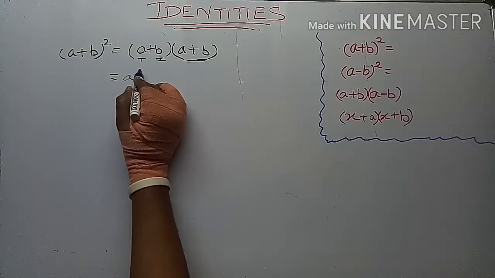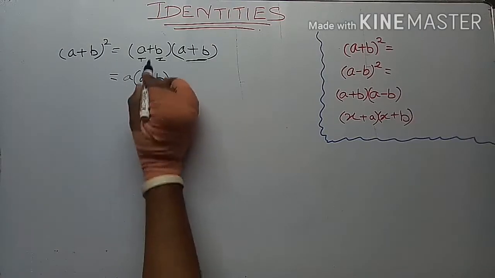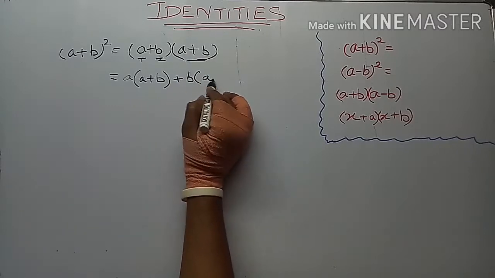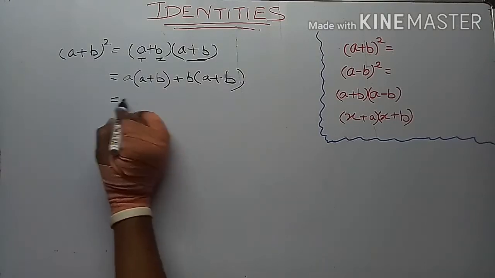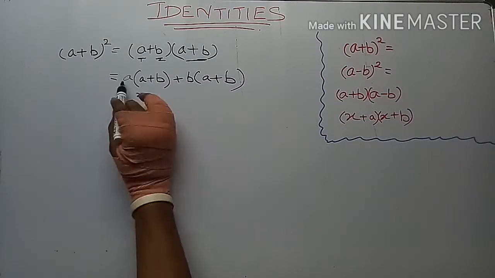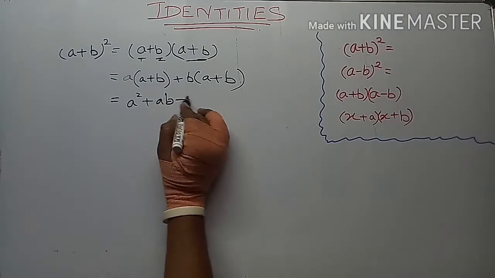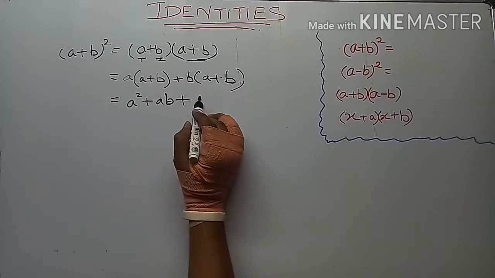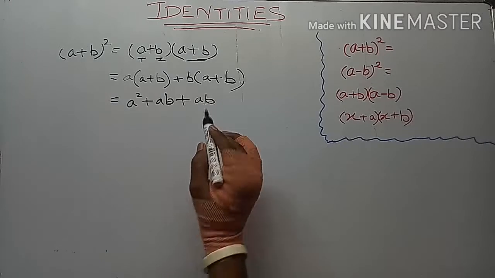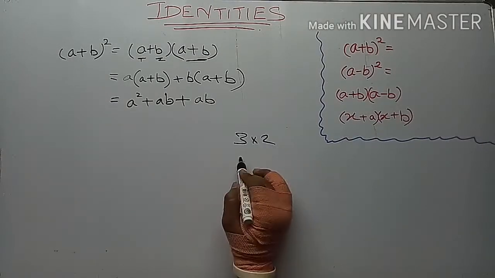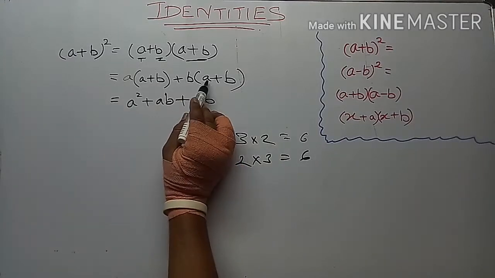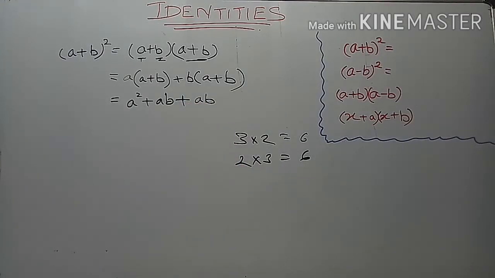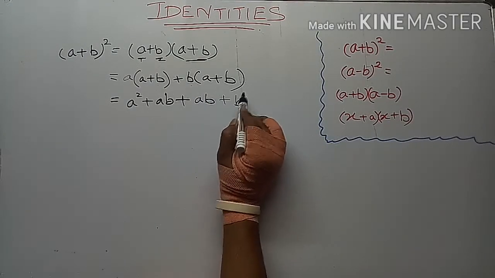So a into a plus b plus b into a plus b, and this gives me a square plus a into b plus b into a, which is nothing but a into b. It means the same thing. 3 into 2 can be written as 2 into 3. Both the values are the same. So b into a or a into b means the same thing. B into b gives you b square.